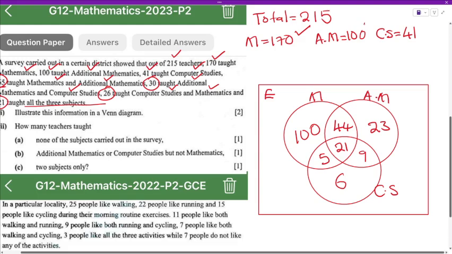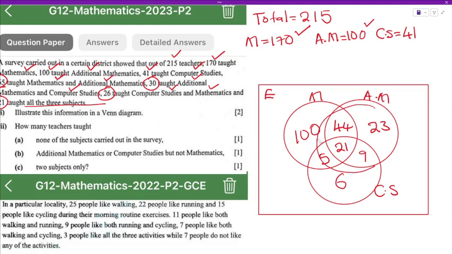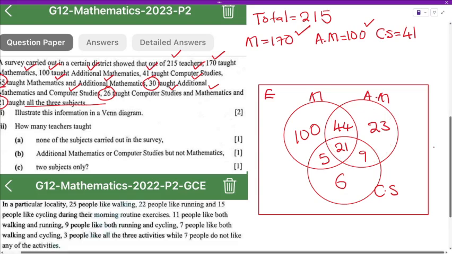We now go to additional math, which is supposed to be 100. So when you add everything there, you're supposed to get 100. Let's confirm. So I'm going to say 21 plus 9 plus 44 plus 23.